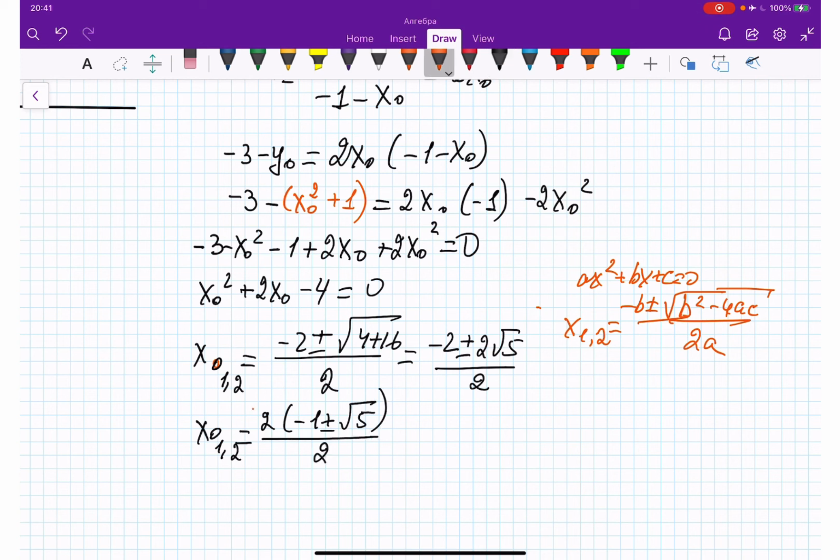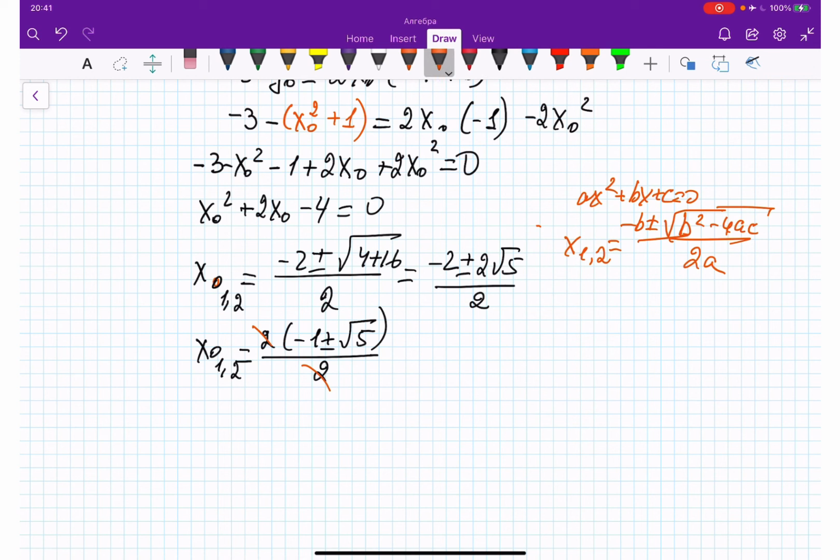So this 2 is gone. And my result is x0,1 is equal to negative 1 plus square root 5, and x0,2 is equal to negative 1 minus square root 5.